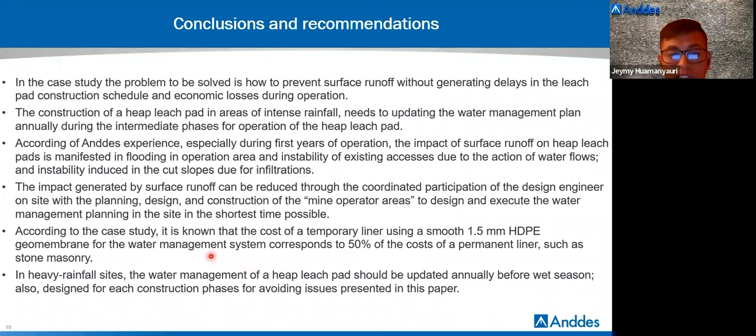In heavy rain sites, the water management of heap leach pads should be updated annually before the wet season. Also, design for each construction phase to avoid issues presented in this paper.